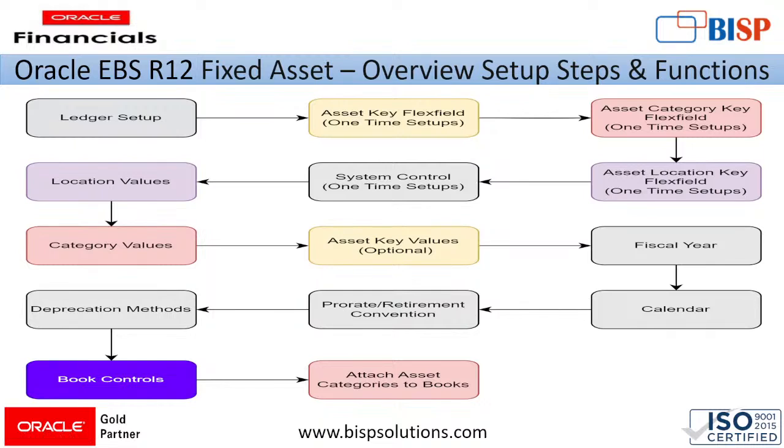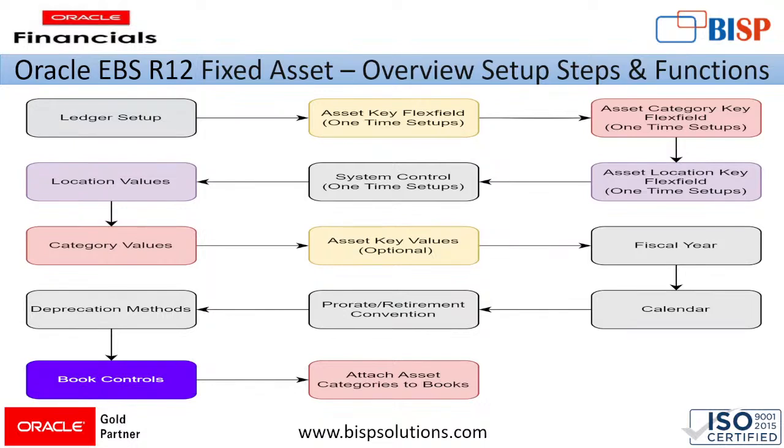Now after that there is a fiscal year. We will define the fiscal year, and then the calendar, that is the depreciation calendar. We will define that, and there are pro rata and retirement conventions, which are again calendars, which decide how we are going to calculate depreciation when you add an asset.